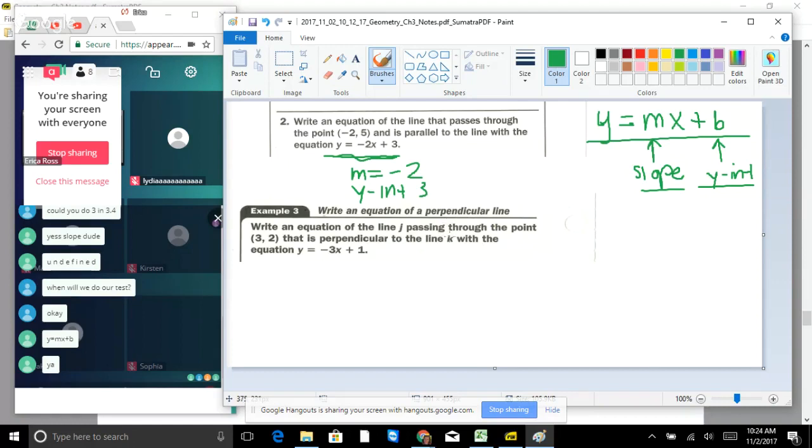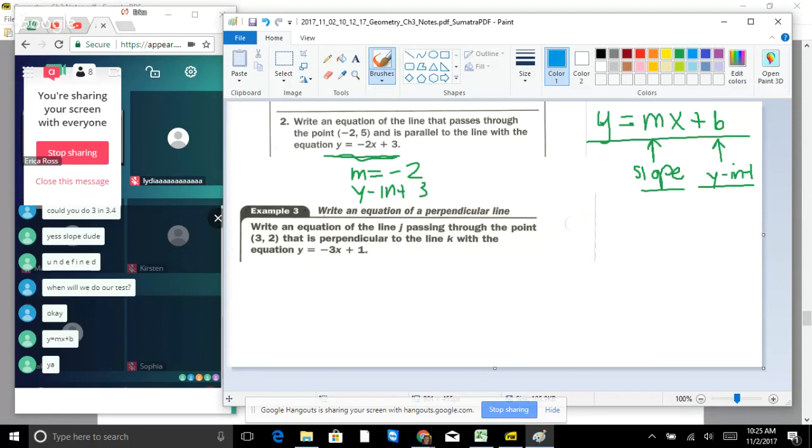There was a postulate that we learned, and it's also something that you probably just should know. So what do you think about the slopes of parallel lines? Should they be equal to each other? Anybody still here? They should be equal to each other, right?